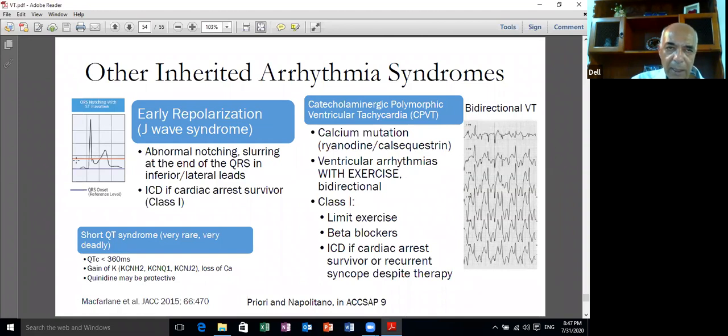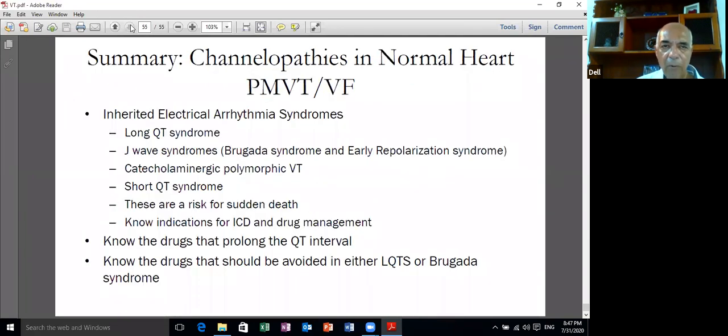So, as I said, once we have ventricular tachycardia, we think about the three groups of etiologies, whether the patient is having a structurally normal heart or a structurally abnormal heart, and if it is a normal heart, is it the benign condition or the channelopathy, which is a malignant condition. And we discussed the channelopathies, including the long QT interval, the J-wave syndromes, including Brugada and early repolarization, the CPVT, short QT interval.